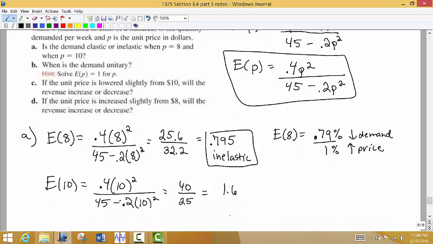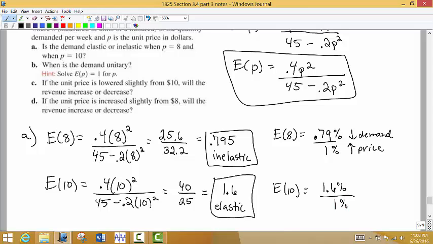Okay, well that's greater than 1. If that number that comes out of my function is greater than 1, then we would say that this is elastic. Okay, and so the explanation here, why did I decide elastic? Is this something I want to do? So let's think about this as a fraction. So 1.6% over 1%.